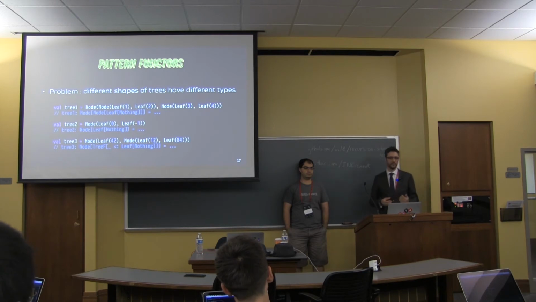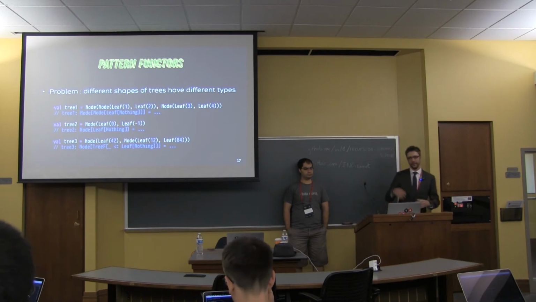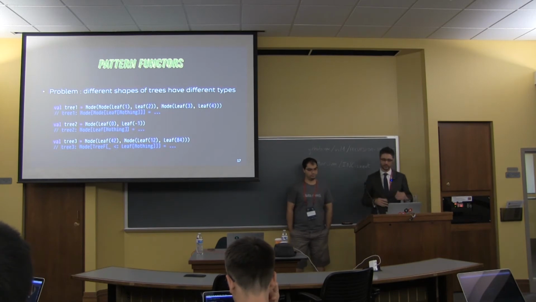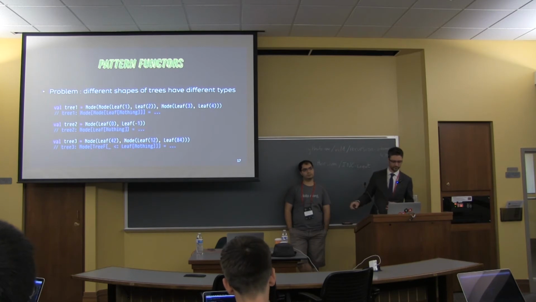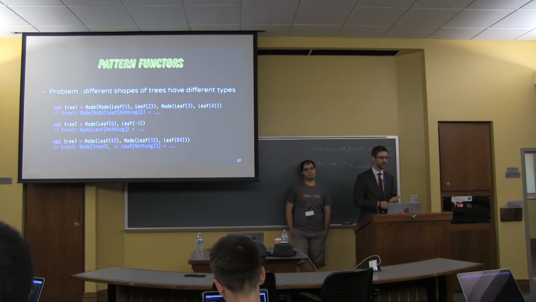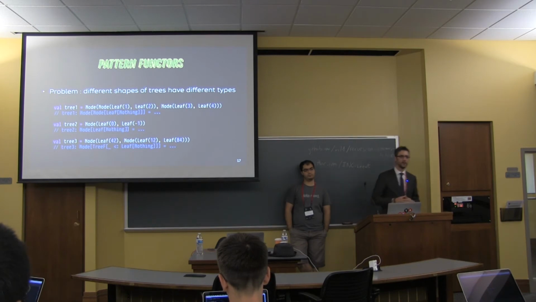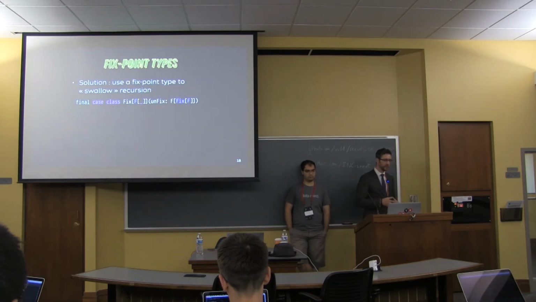If you have a depth of 1, the type will be TreeF of something. And if you have an unbalanced tree, the type will be something really strange, like Node of TreeF of underscore is a subtype of Leaf of Nothing. It's a complete mess. You've lost the ability to have a single type that can reference all the shapes of your trees, right? So that's when you need a fixed point.